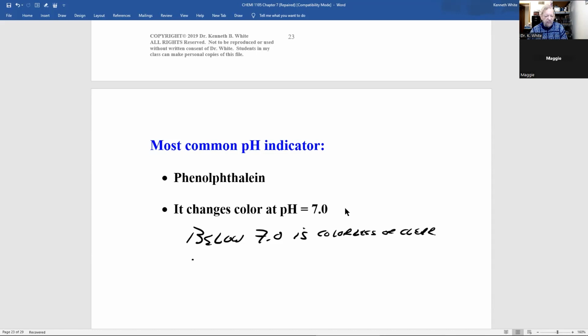At just above 7, like 7.001, just one molecule above 7.0, the phenolphthalein, if it's in a solution with the acid and base you're reacting, is now a rose color or a red wine color.